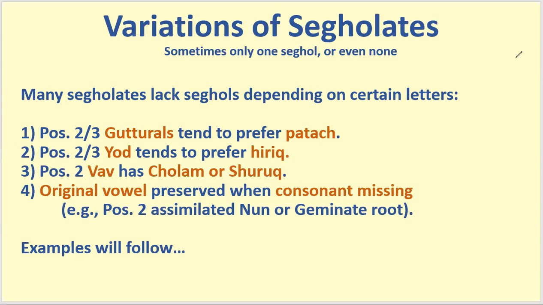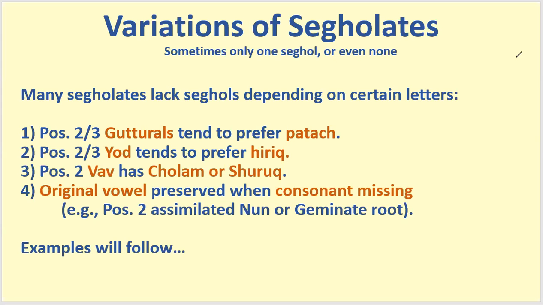If you get a yod in the second or third position, you're going to find chirik to be the more natural vowel because yod and chirik kind of go hand in hand. They sound very similar. Furthermore, if you get a vav in position 2, well, then you're going to usually find cholam or shurik vowels showing up because the original pronunciation of vav was more like a W, which makes a sort of an o sound.